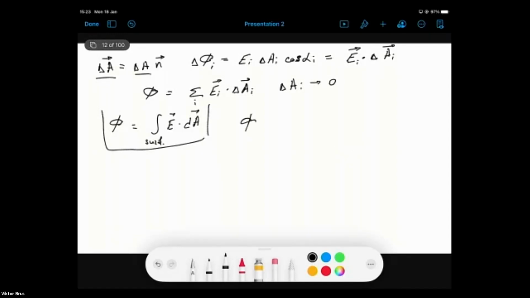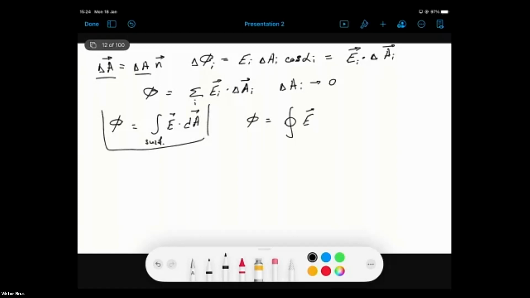In particular, for electric field flux in the case of a closed surface, we mark this integral with a circle, which means that we integrate over a closed surface, not just a surface.